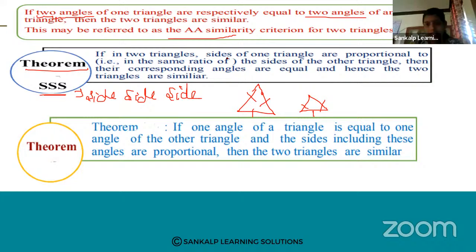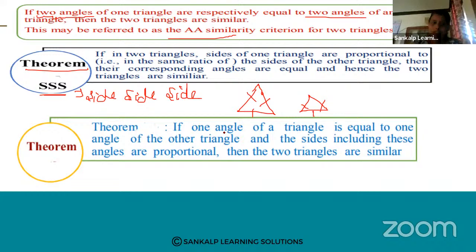Then their corresponding angles are equal. If the sides are in the same proportion, then the angles are also equal. Hence the two triangles are similar. So we can say the two triangles are similar on the basis of the SSS property. SSS means side, side, side property. This theorem is the SSS criteria.